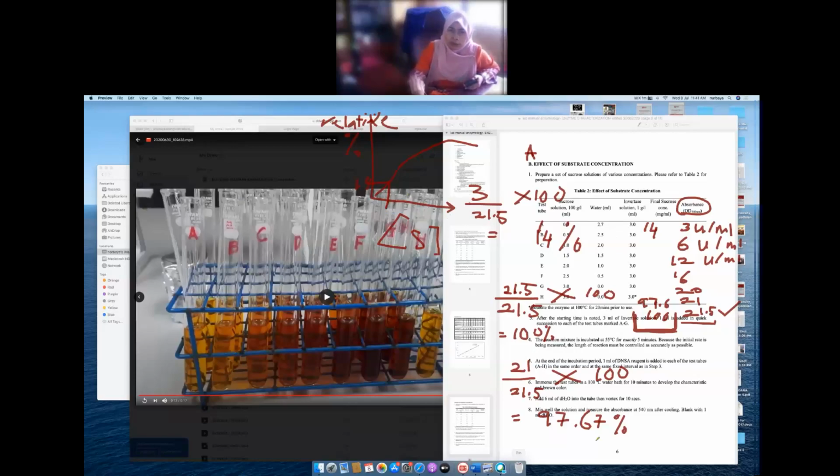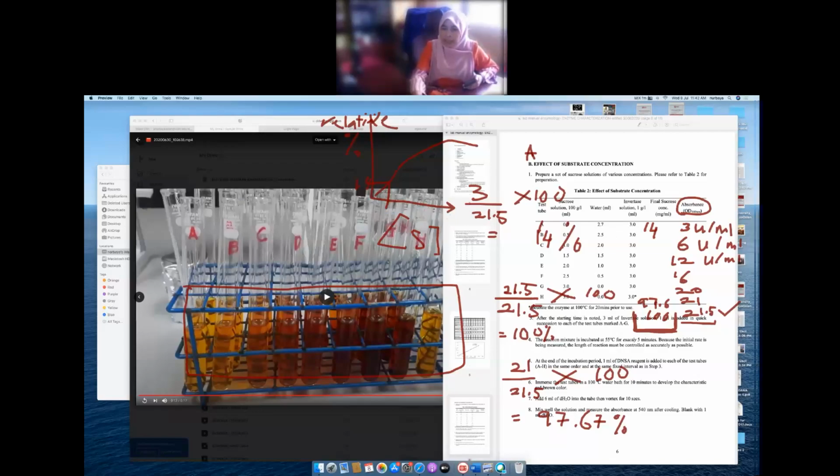So the pattern you can see here is that as we increase the substrate concentration with a constant enzyme amount, the rate of reaction or the product formation will be increasing.